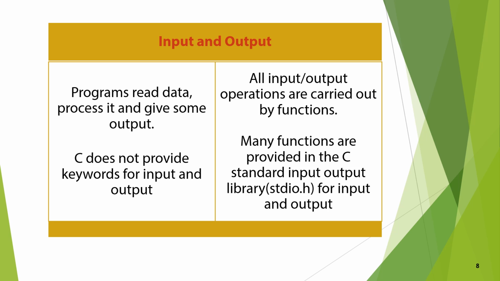For input and output there are standard input output libraries, and the functions related to input and output of data are in the library stdio.h. So if we include this library in our program, then we can use any of the functions necessary for input and output of data to the program.